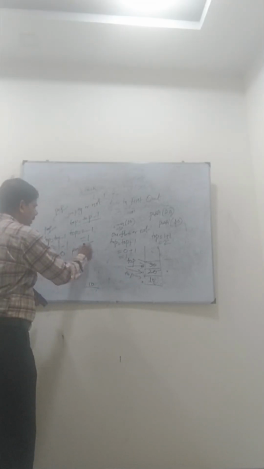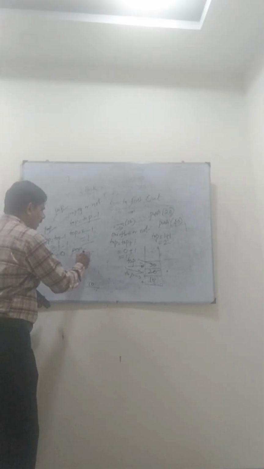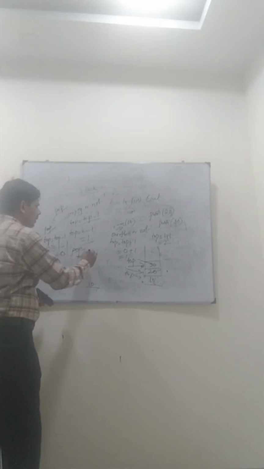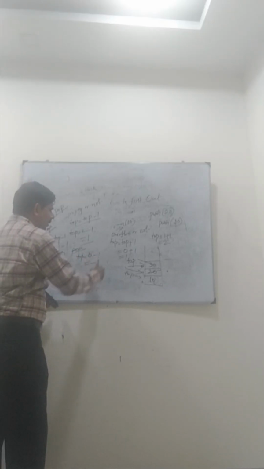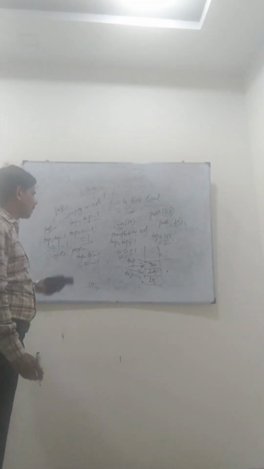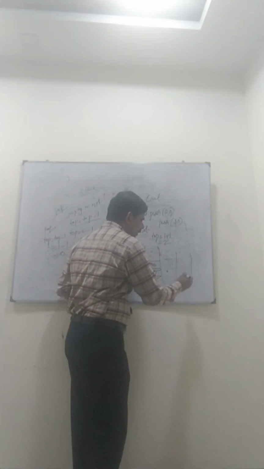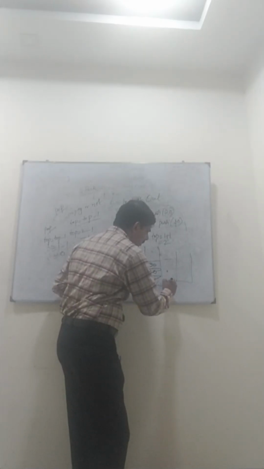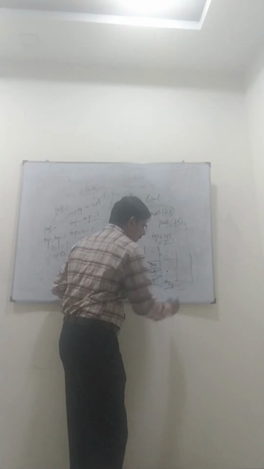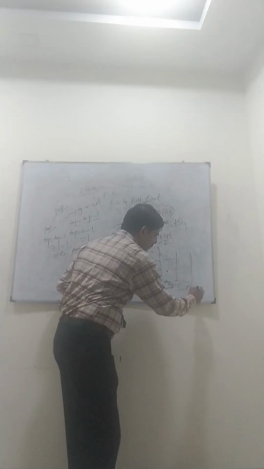Again perform the pop operation: top equal to top minus 1, 0 minus 1, so top equal to -1. Now we remove the last element, the stack is empty, and top equal to -1.